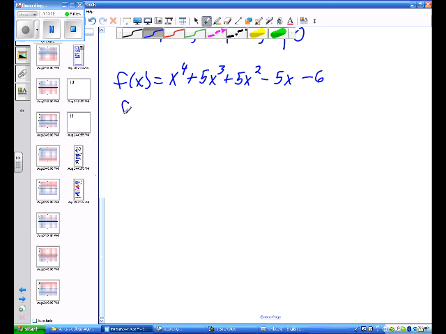And I want to find f of 3. I want to know what that equals. Well, instead of plugging it all in and doing all of that, I'm going to do my synthetic division.